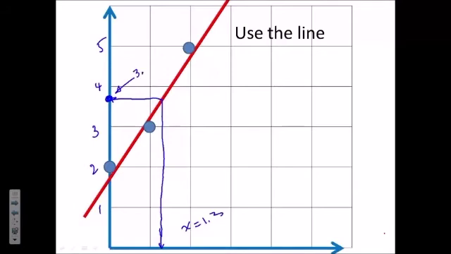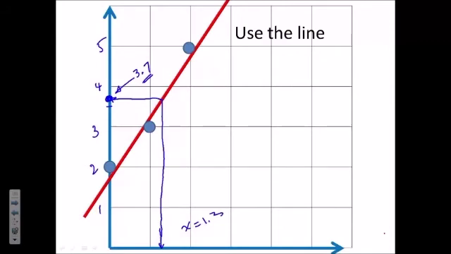Well, it's pretty hard to estimate. It's more than 3.5, so maybe it's 3.6, 3.7, something like that. You could call it 3.7. 3.7 would be our estimate for the value of y.